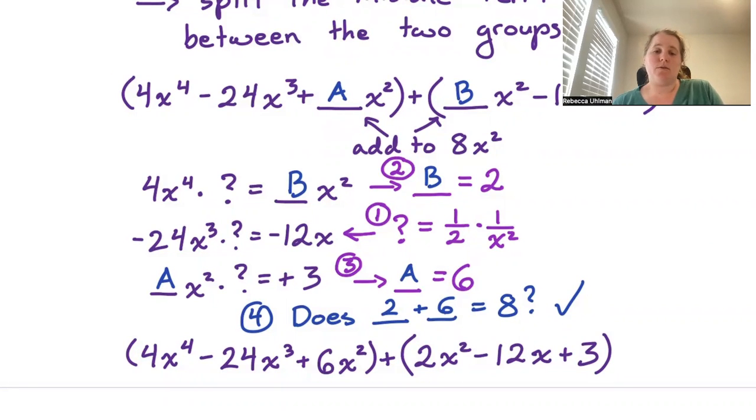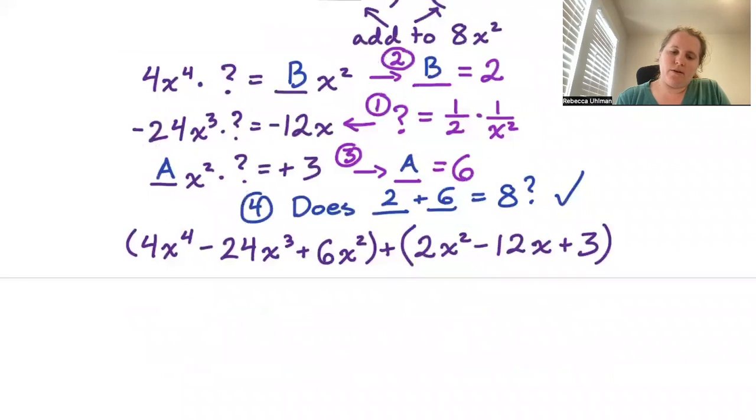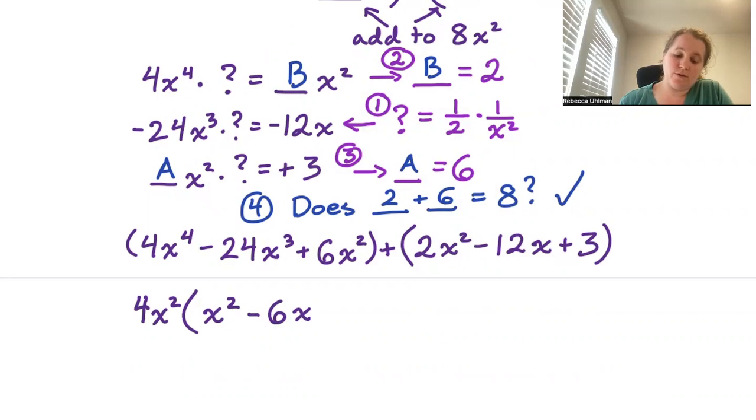So from here, running factor by grouping, this first factor, we can go ahead and pull out a 4x squared. So we have 4x squared times x squared minus 6x. Sorry, let's pull out a 2x squared.